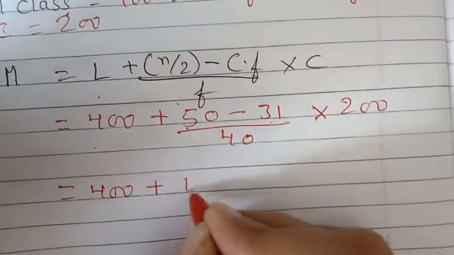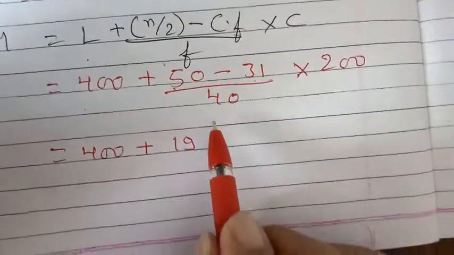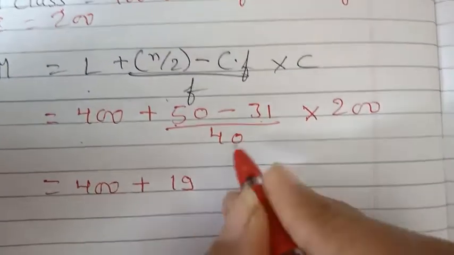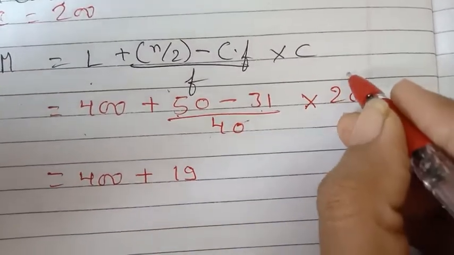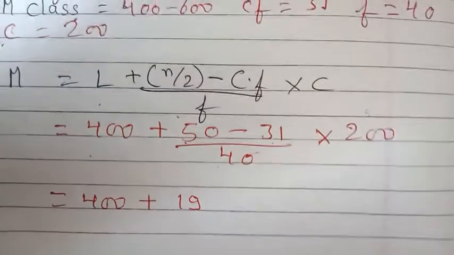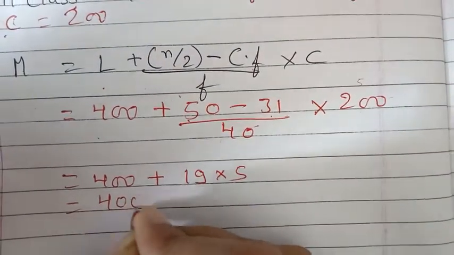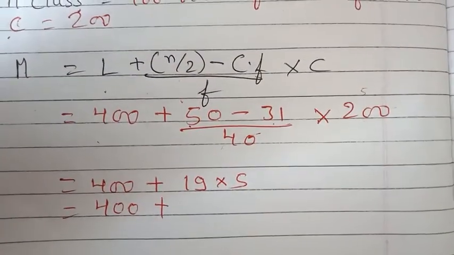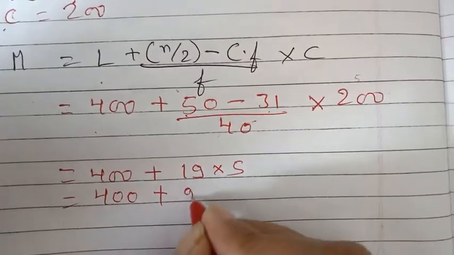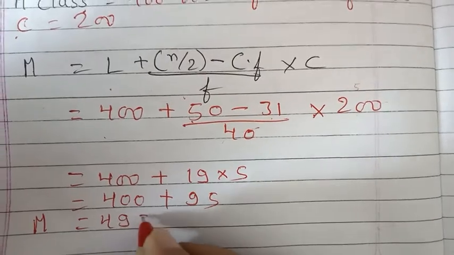Now you can multiply 19 with 200 and divide by 40, or cancel 40 with 200, that is 5. So 19 multiplied by 5 gives you 95. So my median is equal to 495 rupees.